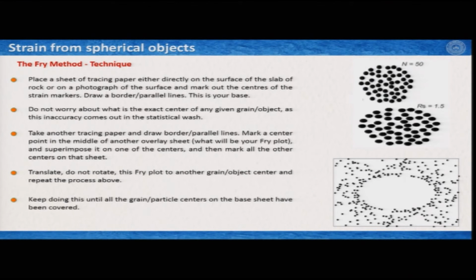You need 2 sets of tracing papers for that. The best idea is to take a photograph and have a printout, and on this printout you overlay a piece of tracing paper.